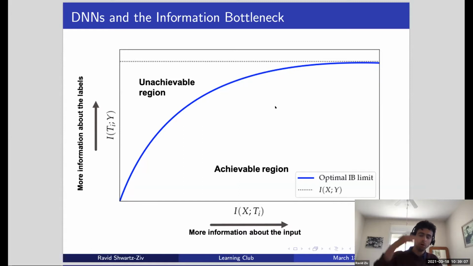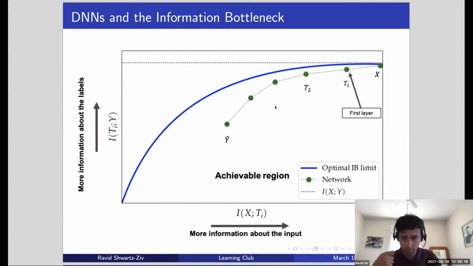Okay, so we have our optimal bound. And now we can look at a specific network, we can measure the information for each layer in the network, and we can look at how a specific network looks in this plane.